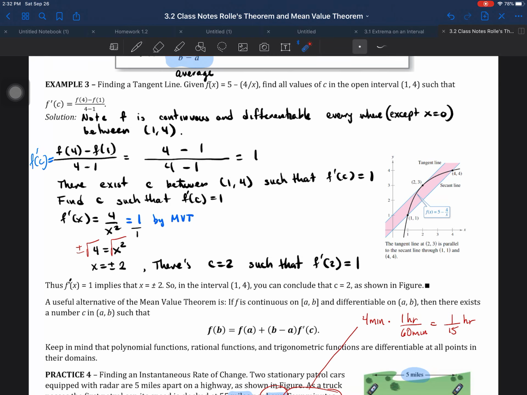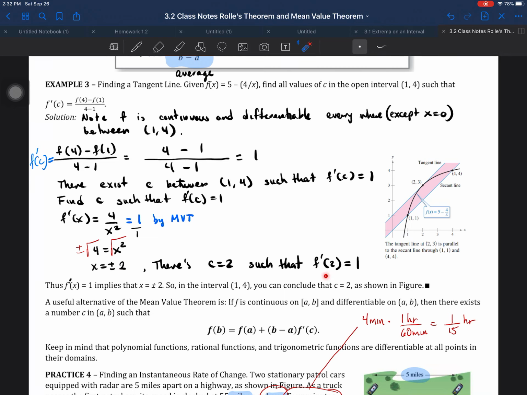So we have found two cases where the derivative of the function will equal 1. But we were only looking for values within this interval, so we have to check, and we notice that -2 is not within that interval, so the only number that will satisfy this is c equals 2.